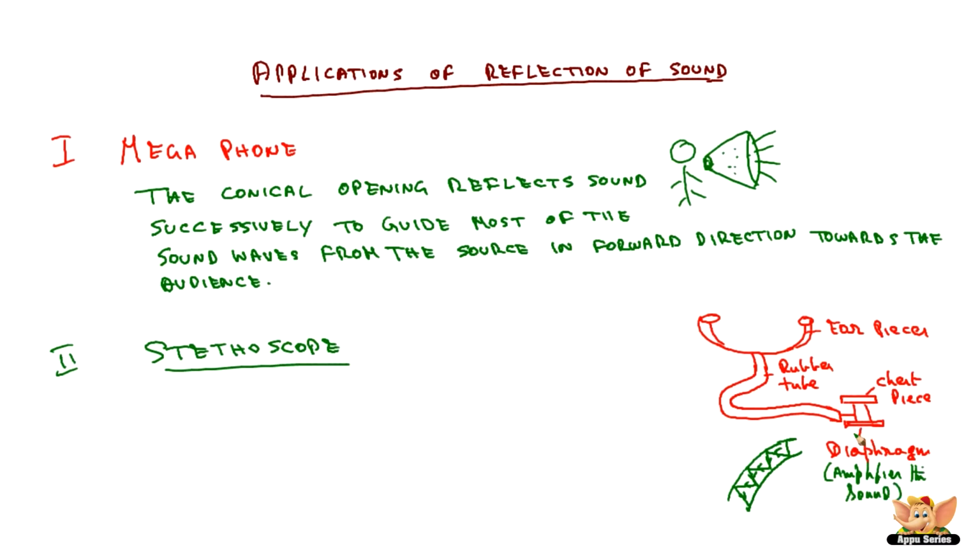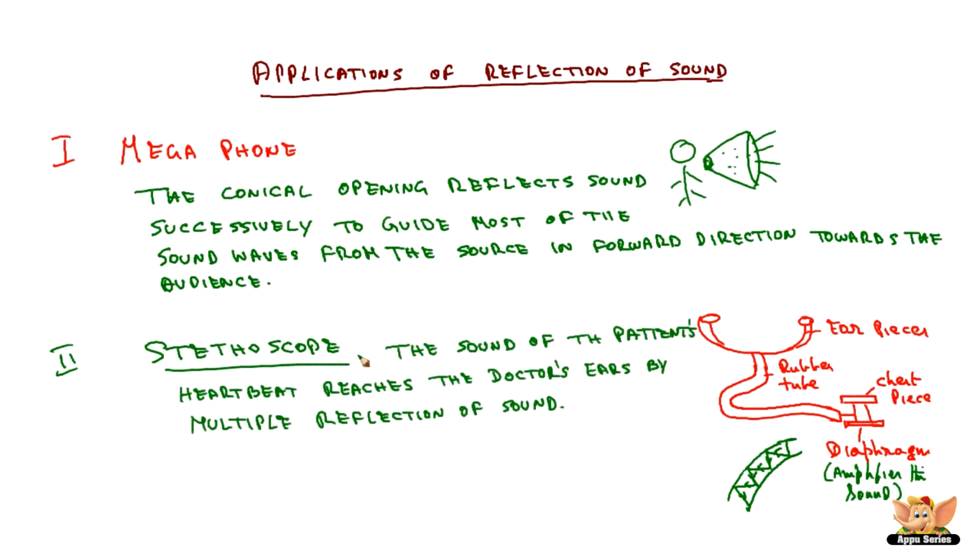With this amplification, the sound gets reflected within the walls of the rubber tube and then reaches the earpieces. So in the stethoscope, the sound of the patient's heartbeat reaches the doctor's ears by multiple reflection of sound that happens in the rubber tube.